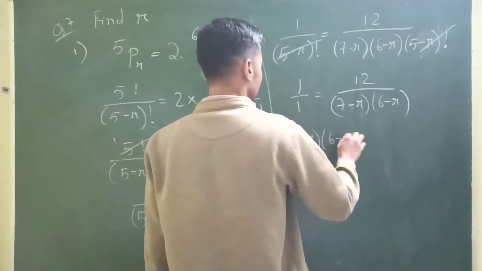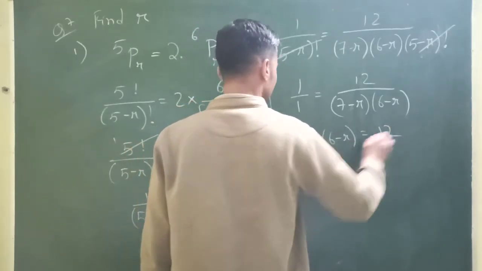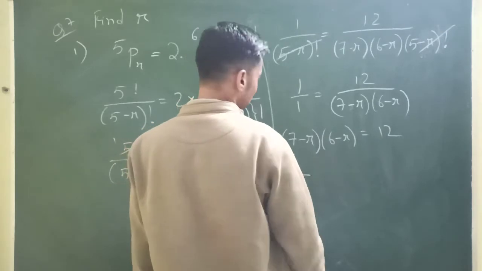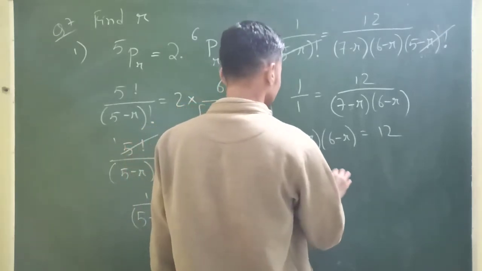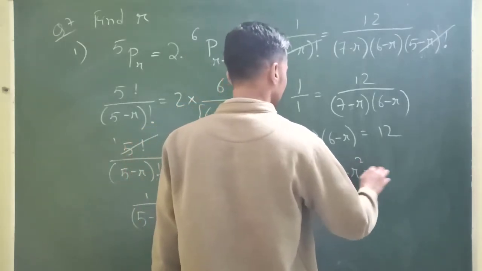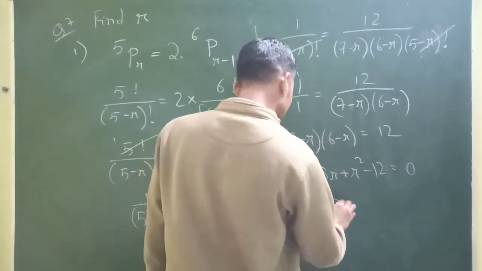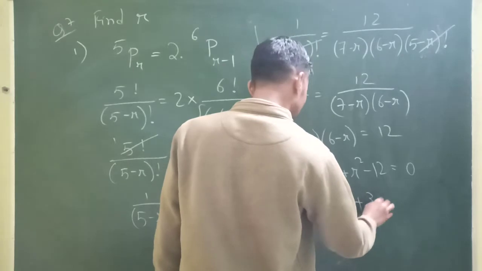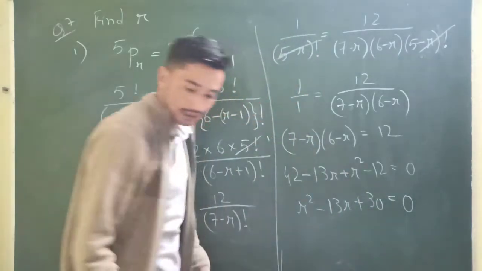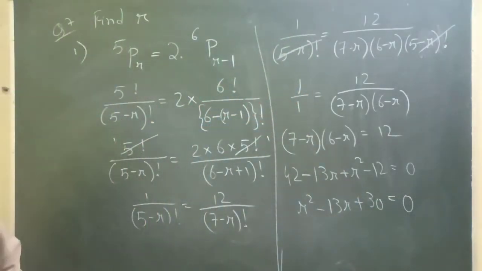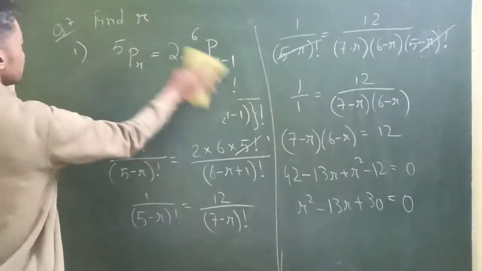12 equals (7 minus r)(6 minus r), so 42 minus 13r plus r square minus 12 equal to 0. r square minus 13r plus 30 is equal to 0. Splitting the middle term factorization I will do.